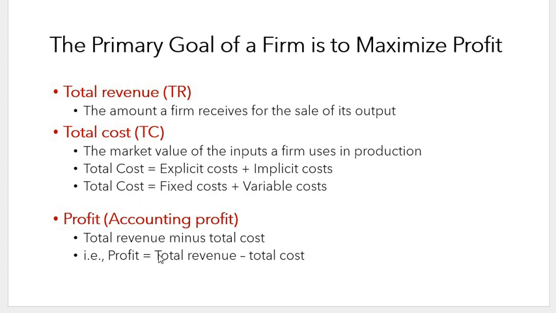The way we define profit here is actually called accounting profit, because we're just subtracting the money outlays from the money we received by selling product. We'll elaborate on what an accounting profit is in a later slide. Okay?